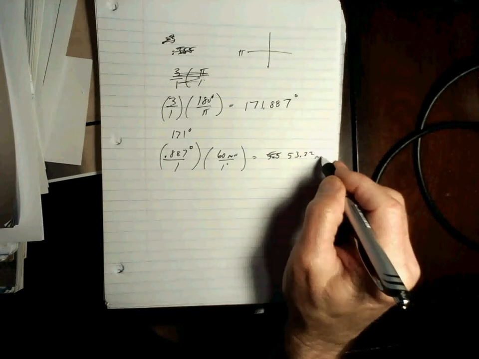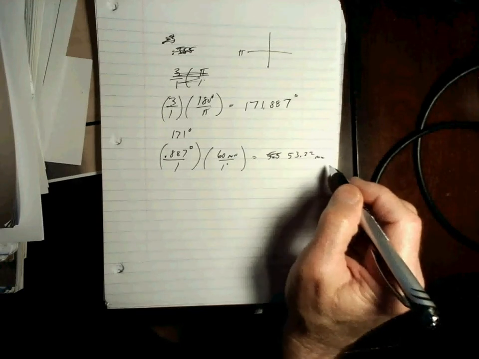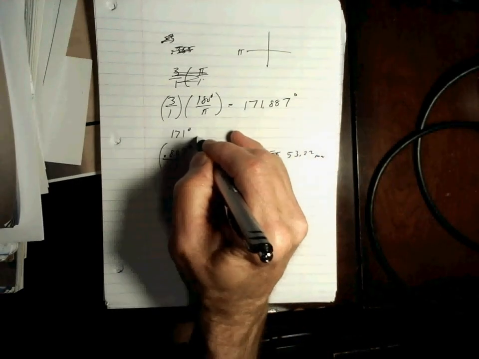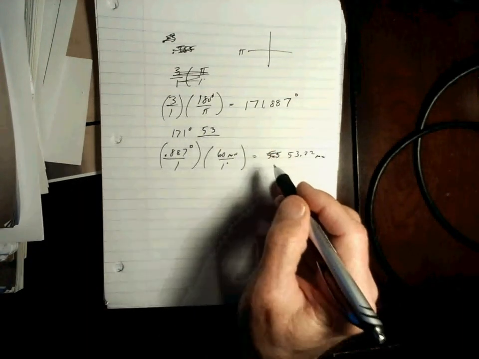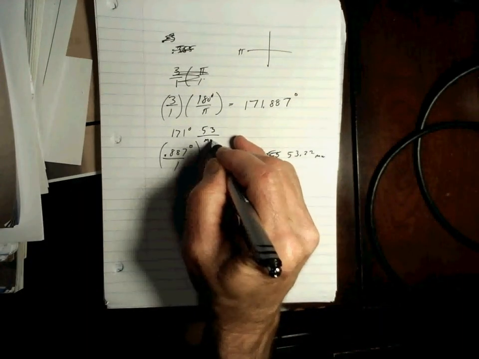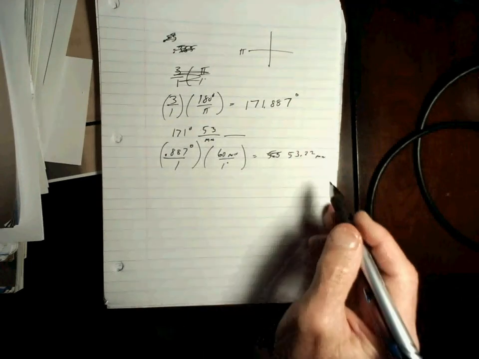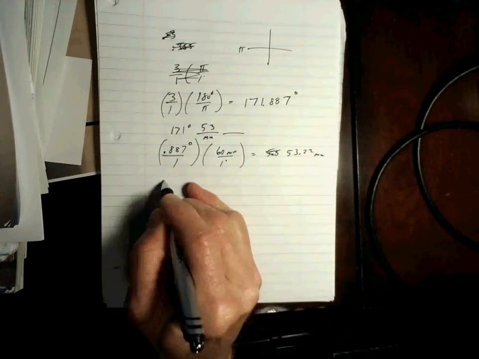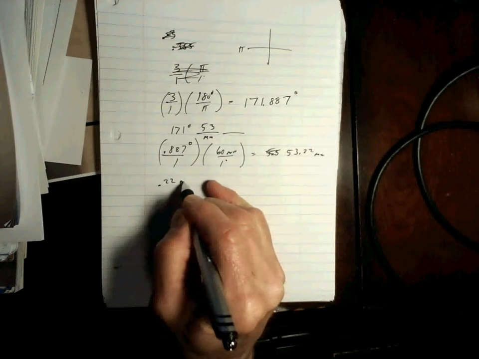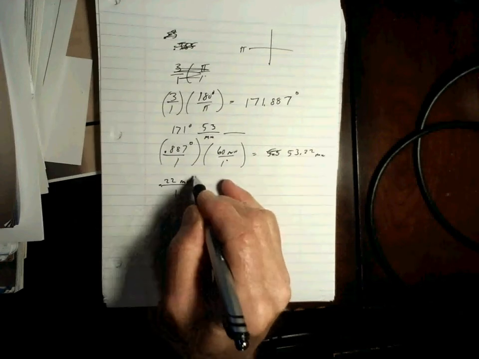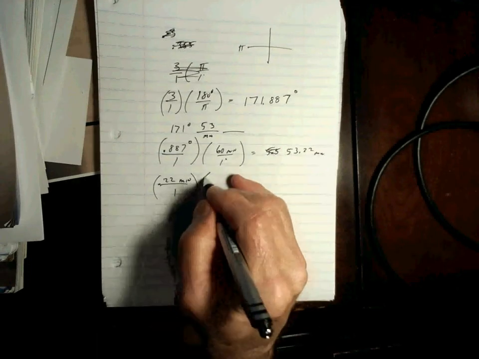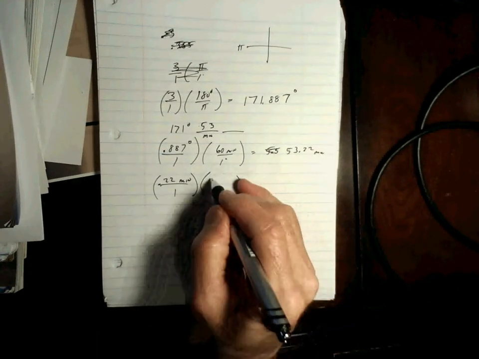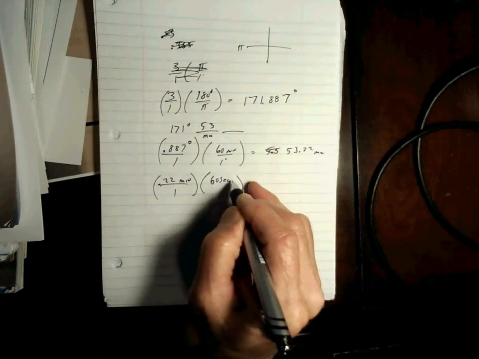So as I break this down, I'll know I have 171 degrees, then I have 53 minutes. And now we're going to calculate the seconds. So now I have 0.22 minutes, and I'm going to convert that to seconds. Again, I know there are 60 seconds to 1 minute.